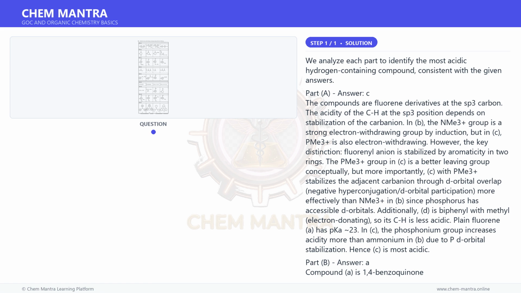Part F. Answer A. The answer is A equals CH3CH2OH, ethanol. But propyne, C, has pKa about 25, ethanol has pKa about 16, propene, D, has pKa about 43, ethylamine, B, has pKa about 35.